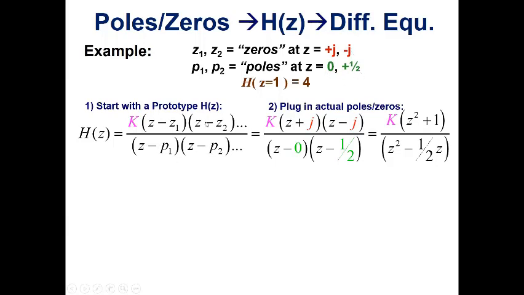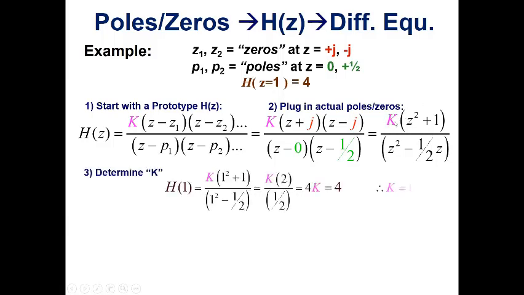Notice we have minus signs in these terms. And then cross multiply or recombine these into polynomials. And we have the transfer function of the system, other than an unknown gain here, k. So we need a piece of information to determine that.